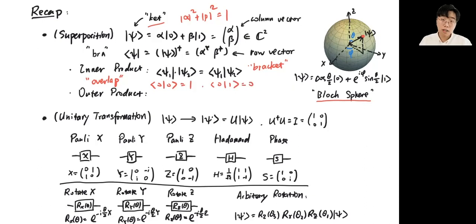Next, the outer product is the ket state times the bra state. I like to write it as shorthand |psi1><psi2|, like this.